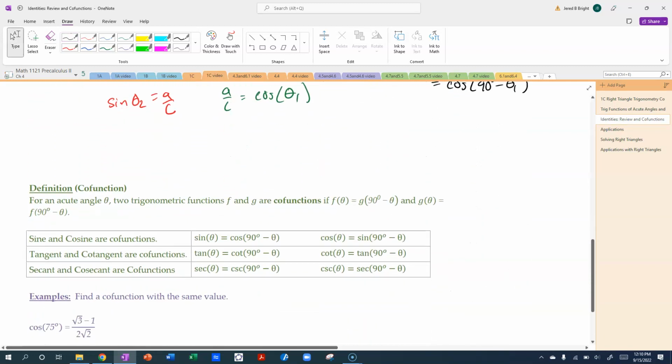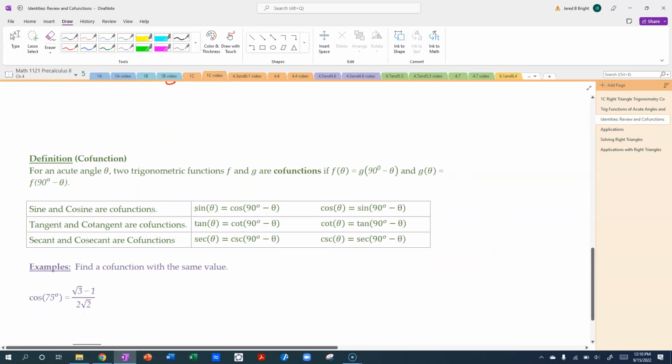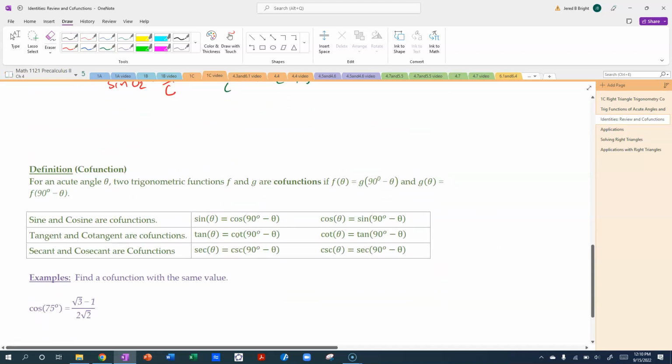And that's what the formal definition of a cofunction says. You have an acute angle theta, and then we have f of theta, and then remember this would be the complementary angle. Same thing here, just talking about complements.